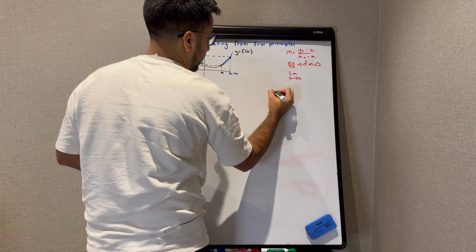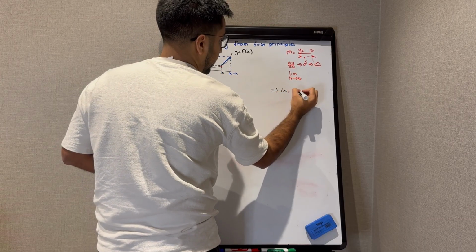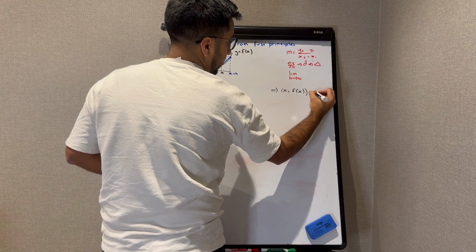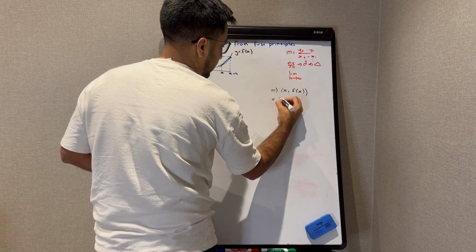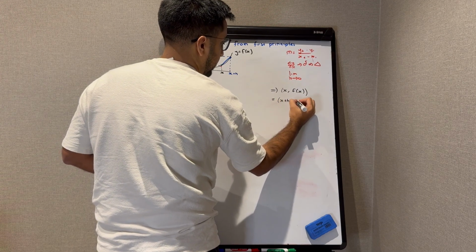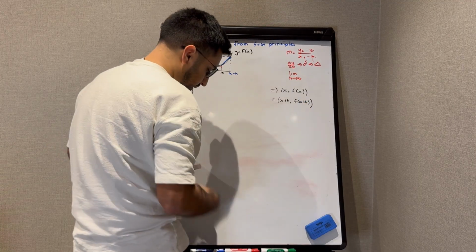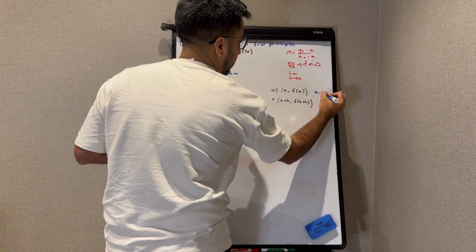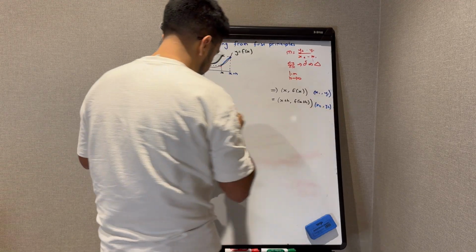I will just write the coordinates here. So our first set of coordinates is x and f of x, which we will call x1 and y1, and then our second set of coordinates is x plus h and f of x plus h. So this is x1, y1, this is x2, y2.